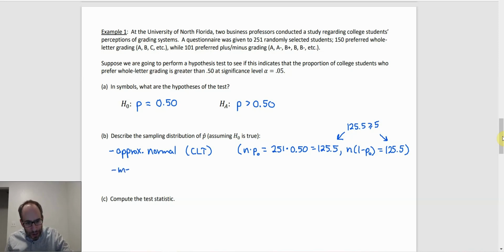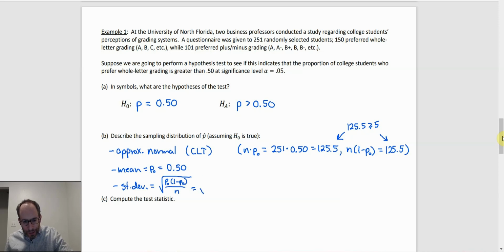So then the mean would be p0, and this is the "assuming the null hypothesis is true" part, so you'd have 0.5. And then the standard deviation would be the square root of p0 times 1 minus p0 over n.